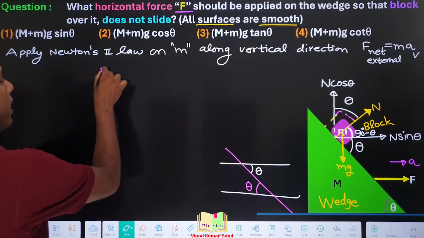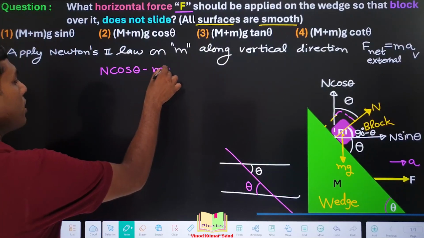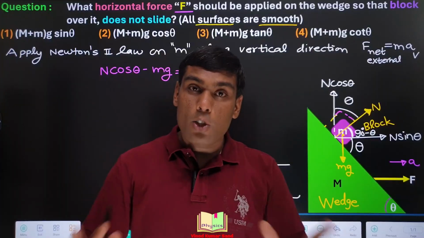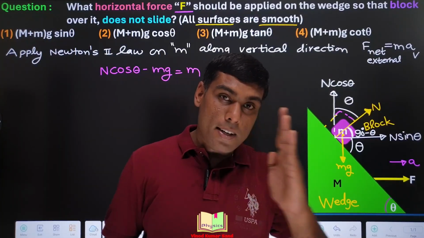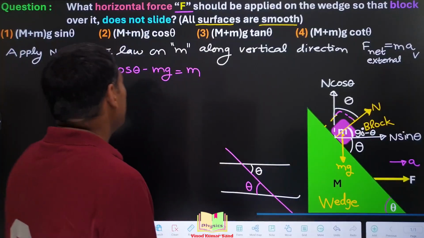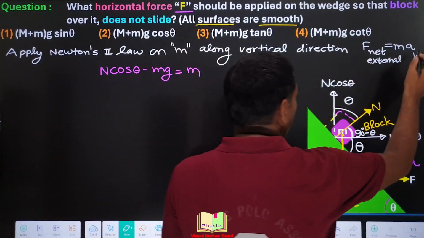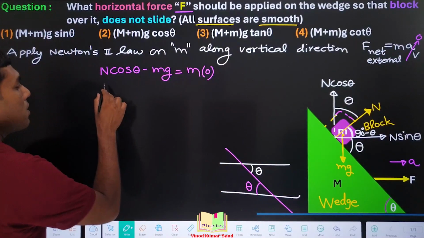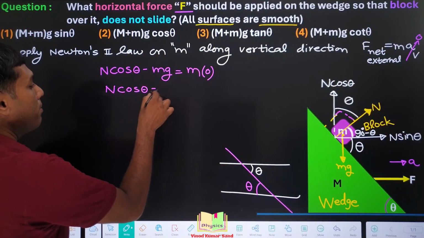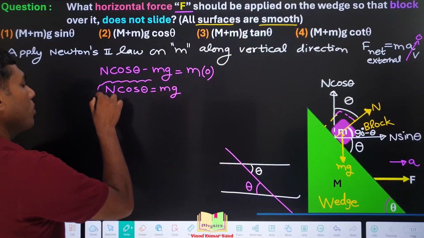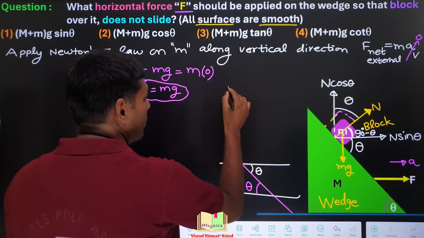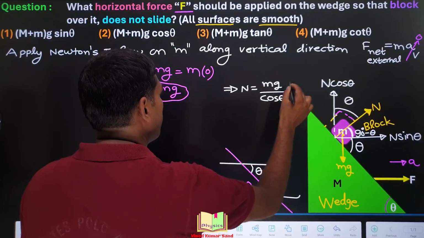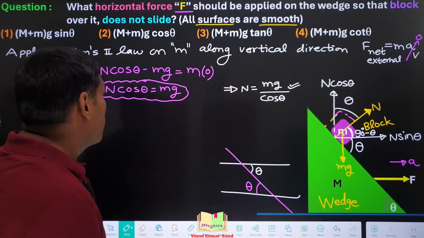It's pretty easy: N cos theta minus mg is equal to mass times the acceleration in the vertical direction. There is no acceleration in the vertical direction. This entire system has acceleration only in the horizontal direction. So this A vertical is actually 0. This gives us N cos theta is equal to mg, equation 1, or we get the value of N if required. If someone asks us N, then it would be mg by cos theta, although it is not asked here right now, but this could be another good question.